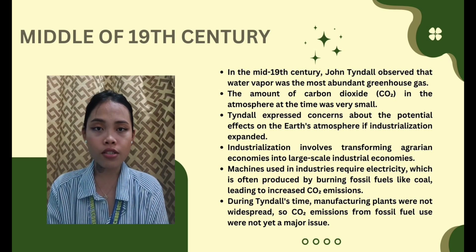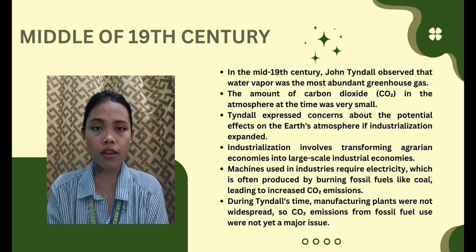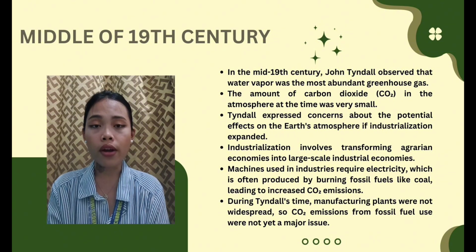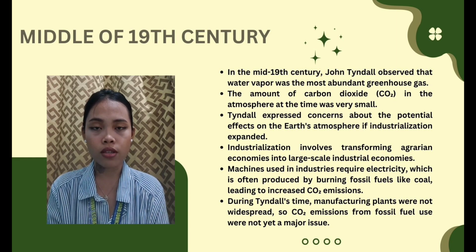Industrialization, the process of transforming a primarily agrarian economy into an industrial one, involves the large-scale use of machinery for production. The operation of these machines requires electricity, which in Tyndall's time was primarily generated by burning fuels like coal.